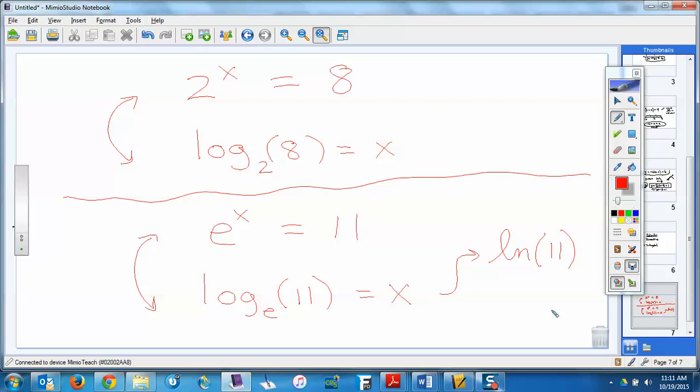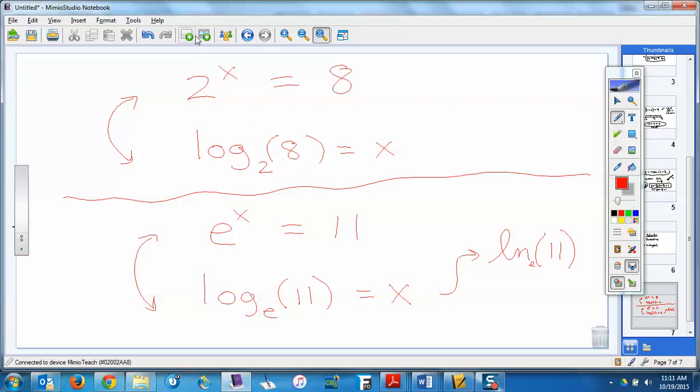You might think, well, 10 is a lot better base, I'd rather work with 10, but you'll see as we go along why. So ln, natural log. Being able to convert back and forth here is important, and if you want to write a little e in there as the base, you can. That's fine.